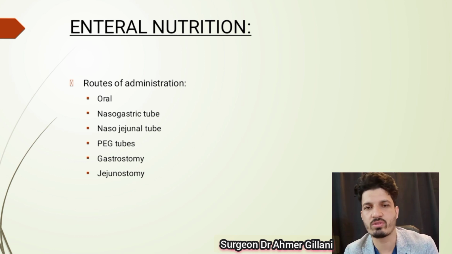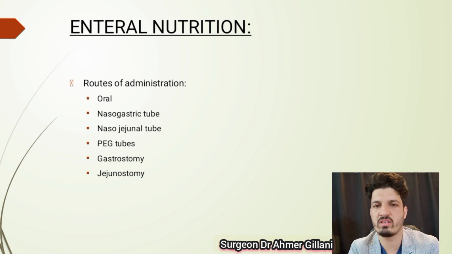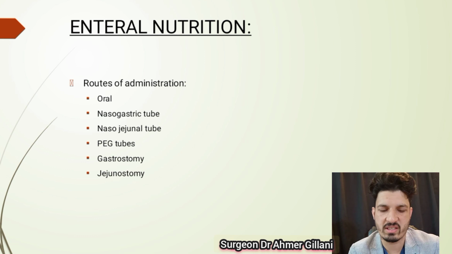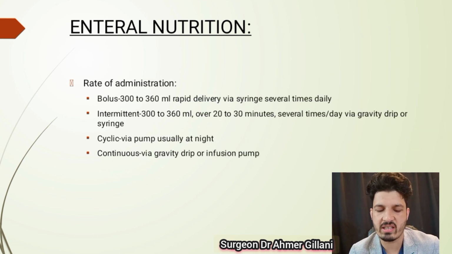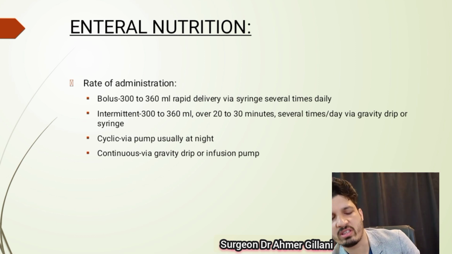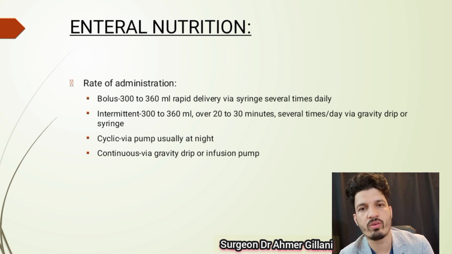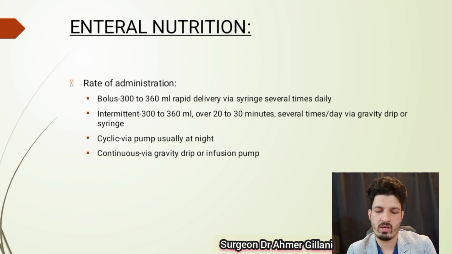And depending upon the condition of the patient and the predisposing factor. In rate of administration, you can give the bolus 300 to 360 ml rapid delivery via syringe several times daily, or you can use the intermittent 300 to 360 ml over 20 to 30 minutes several times per day via gravity drip or a syringe.